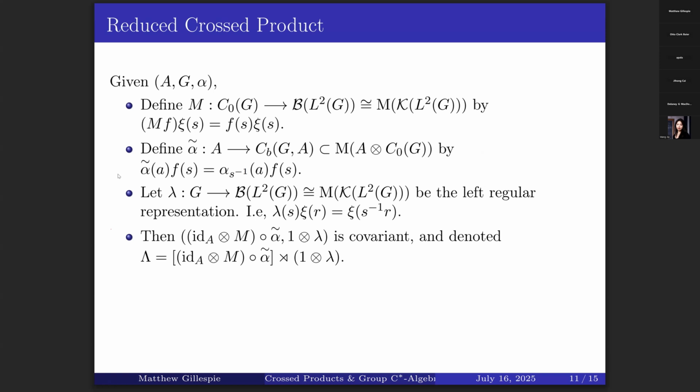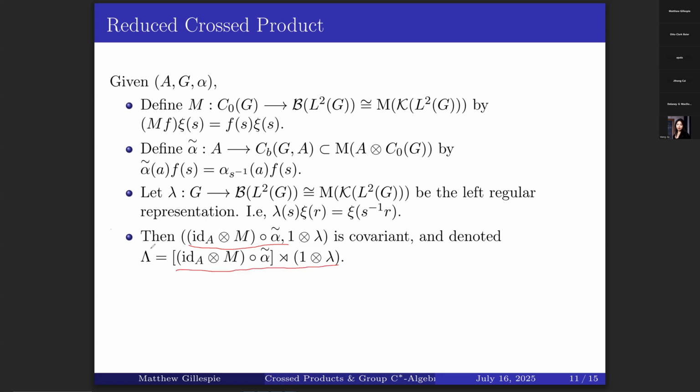But basically, what this is saying is that you can check it. Actually, this is a very valuable exercise. So if you want to check this, please do. That this pair, so I'm looking at the identity of A tensor the multiplication representation composed with this alpha tilde, and then I'm amplifying the left regular representation, that this pair is covariant, and so I can take its integrated form by the universal property of the full cross product.